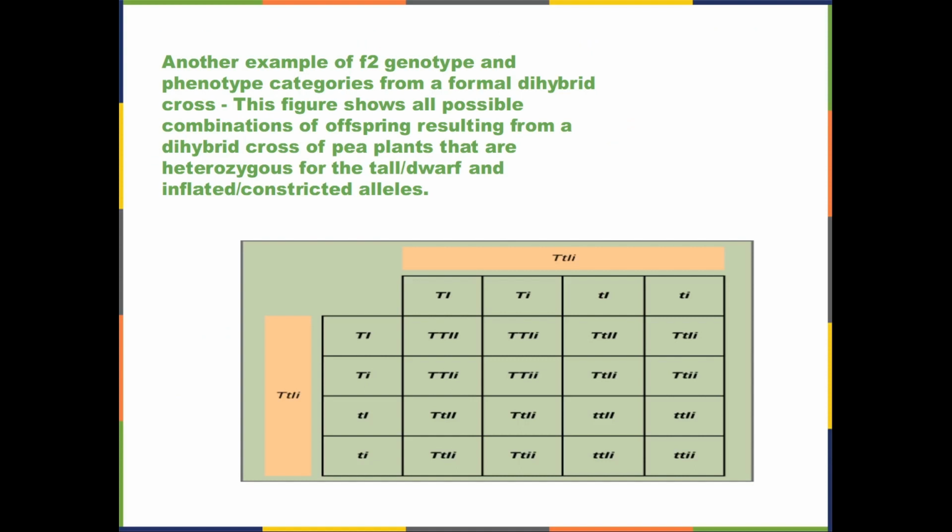All right, this is just another example of an F2 genotype from a dihybrid cross. And this is one thing I want you to understand about a Punnett square. A Punnett square shows all possible combinations. It predicts the ratios. It does not necessarily predict what any given single cross is going to give you, right?